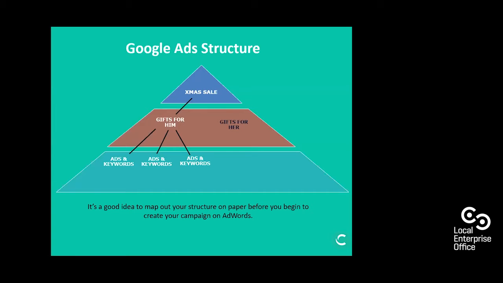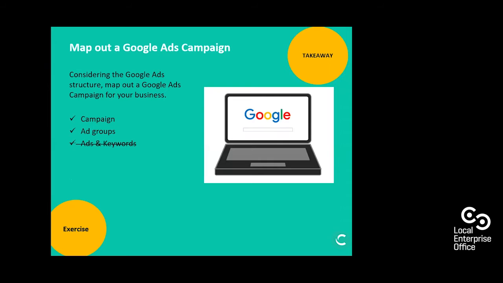So what I always say to people is, before you even start to engage or set up a Google Ads account, it's a really, really good idea to start to map out what your campaign might look like on either physical or indeed virtual paper. So again, by way of a takeaway, if you feel that Google Ads might be something that would work for your business, considering the Google Ads structure, map out a Google Ads campaign for your business, at least the first 2 levels there.